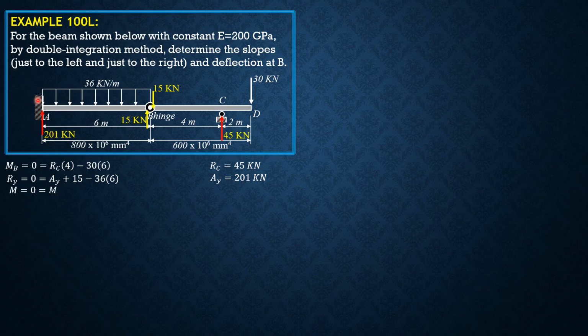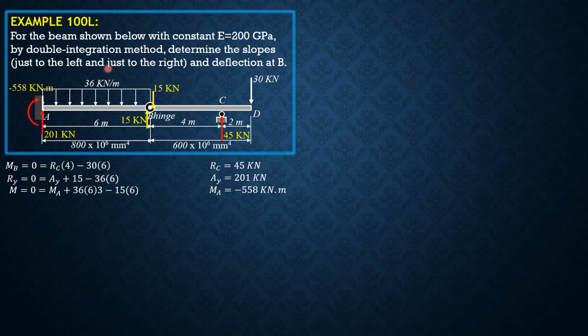So 0 equals MA clockwise plus 36 times 6 times 3, then minus 15 times 6. So MA is equal to negative 558 kilonewton meters. Let's put it there.